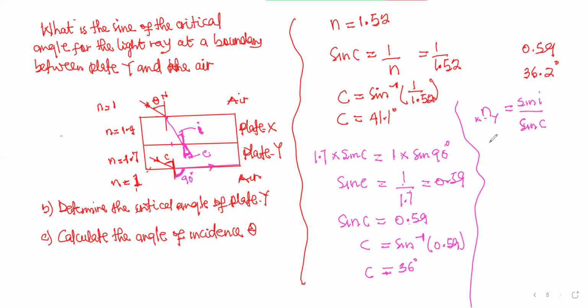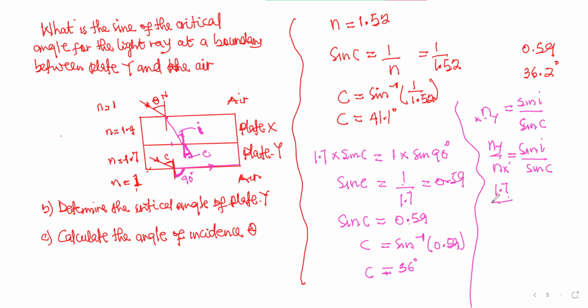This is the refractive index of Y over the refractive index of X, which is equal to sine I over sine C. The absolute refractive index of Y is 1.7.